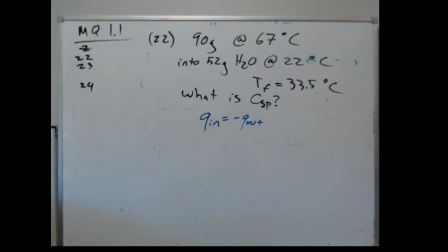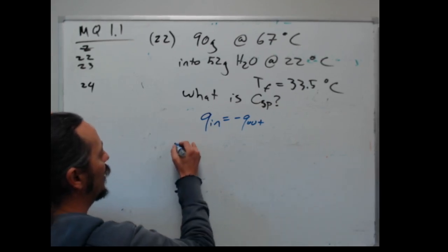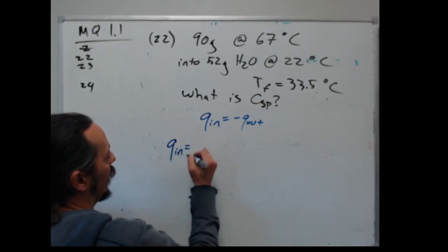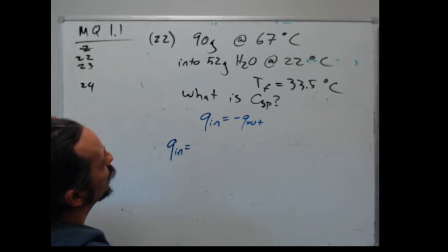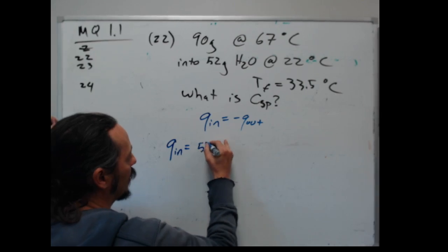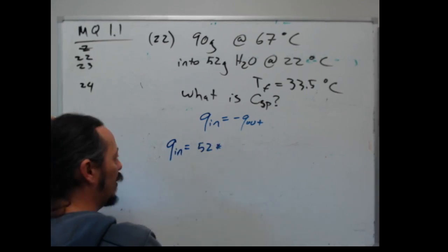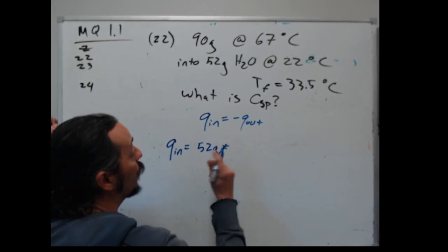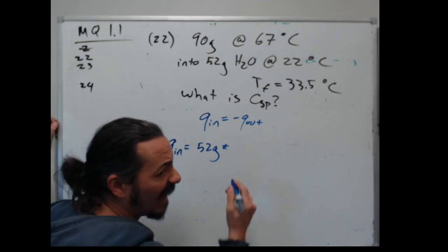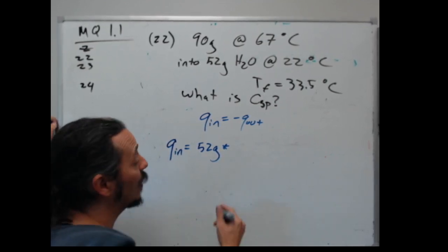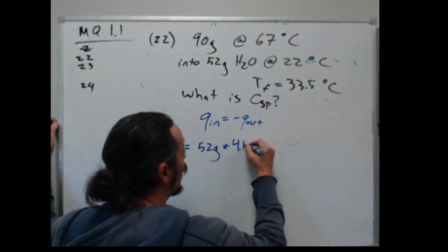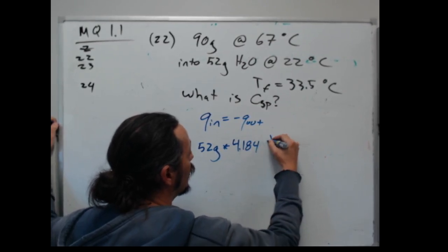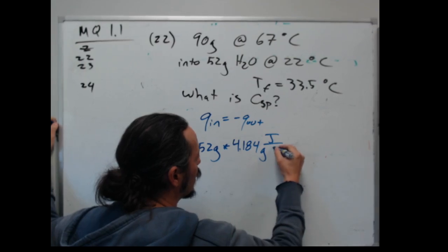We can calculate the different Q's of them, right? We've got all of the information for the water. So let's go ahead and calculate the Q in. That's going to be equal to the 52 grams of water. Well, let's put units, I'm being too sloppy with my units. With the heat capacity, I have it memorized because I do a lot of these problems this quarter: 4.184 joules per gram Celsius.